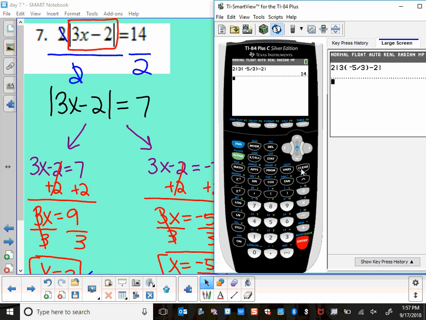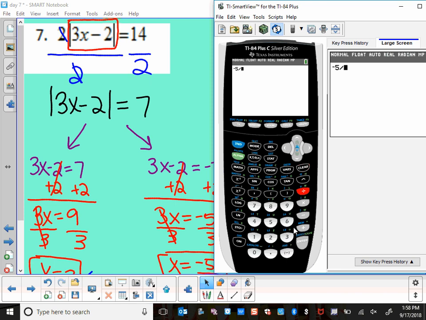If you guys have ever used the store button, it's right here. You press X, and then the STO button, which is above the word on. So you're storing in, let's say we want negative 5/3. Let's do our numbers first.